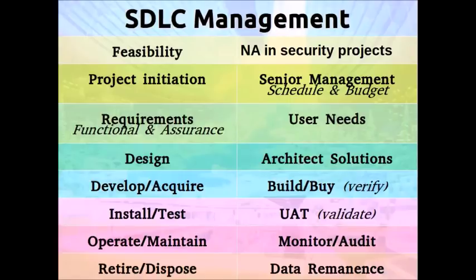Then we have a project initiation phase. This is when senior management sets the scope. We understand the schedule, the budget, the people, the authorities who are going to work there. Then we have to determine the hardest part, the functional and assurance requirements of the user. Say I'm a restaurant owner and I hire contractors to build a kitchen.